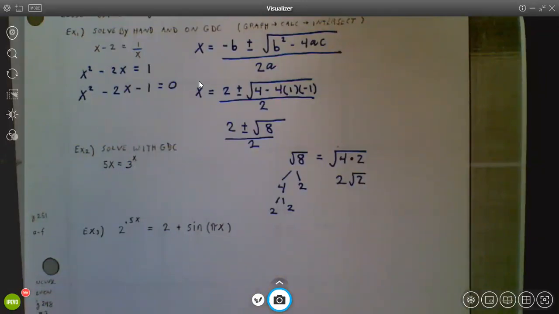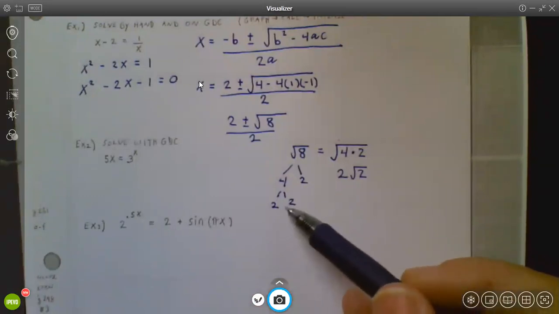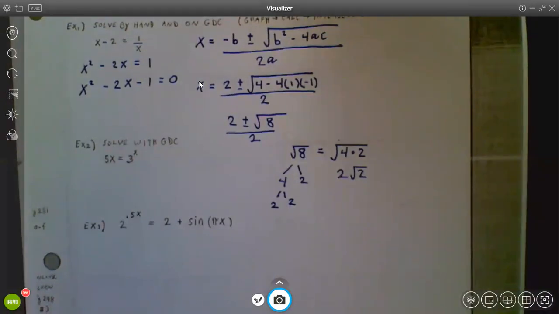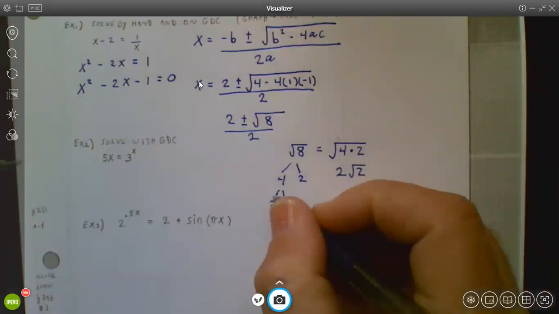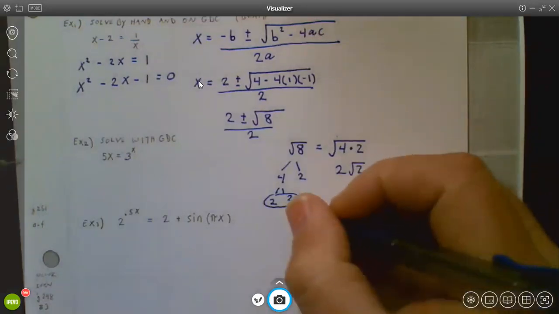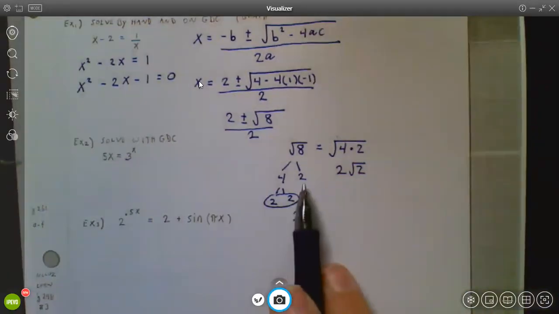Right, a perfect square is something times itself. So when I look at the prime factors of 8, which are 2 times 2 times 2, I'm looking for, well, where do I have a number times itself? Right, obviously that would be this guy. And so whenever I have a number times itself, that's what gets to leave the radical, and whatever did not have a partner has to stay under that radical.